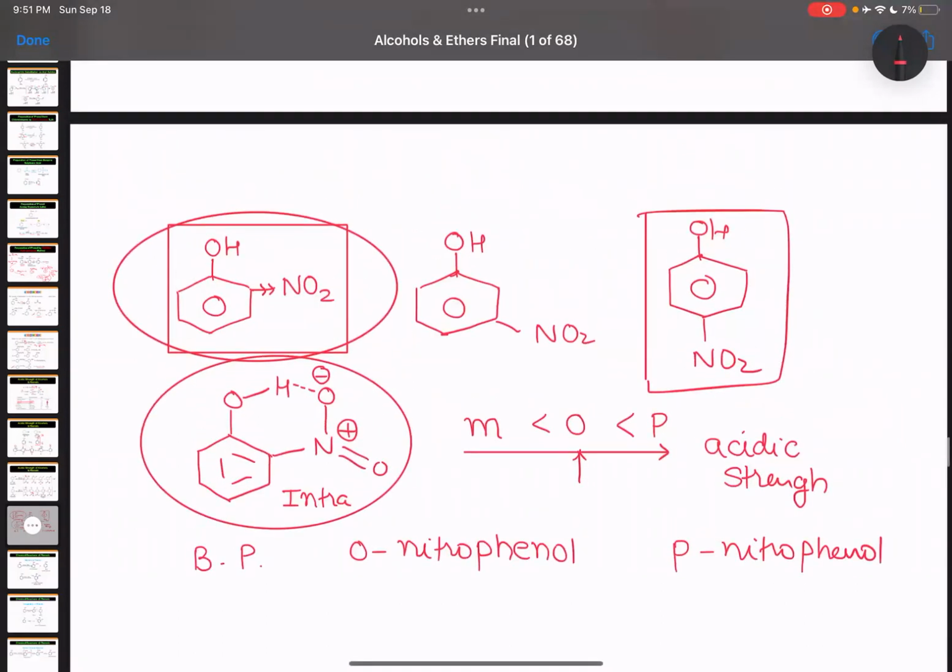But that thing can't happen in paranitrophenol. In paranitrophenol, the OH and the NO2 are far apart, and they can't attract their own group, so they get associated with other nitrophenol molecules. So in a way, all the molecules are associated to one another. Is it clear?